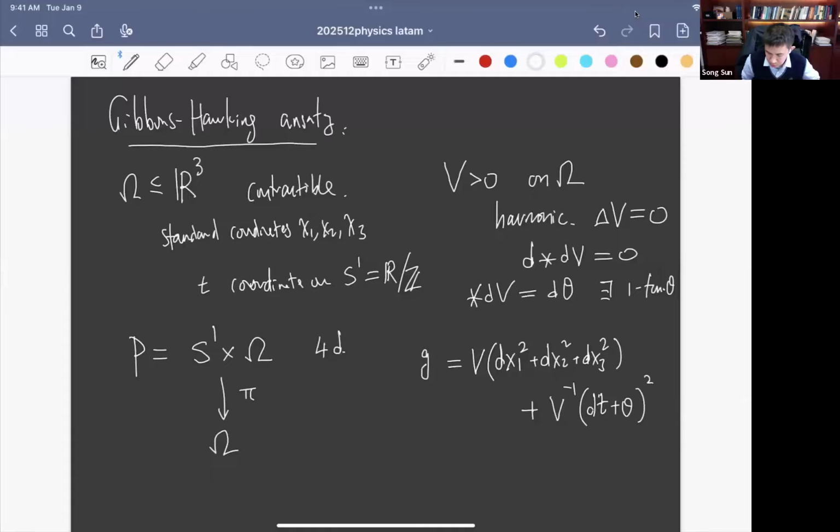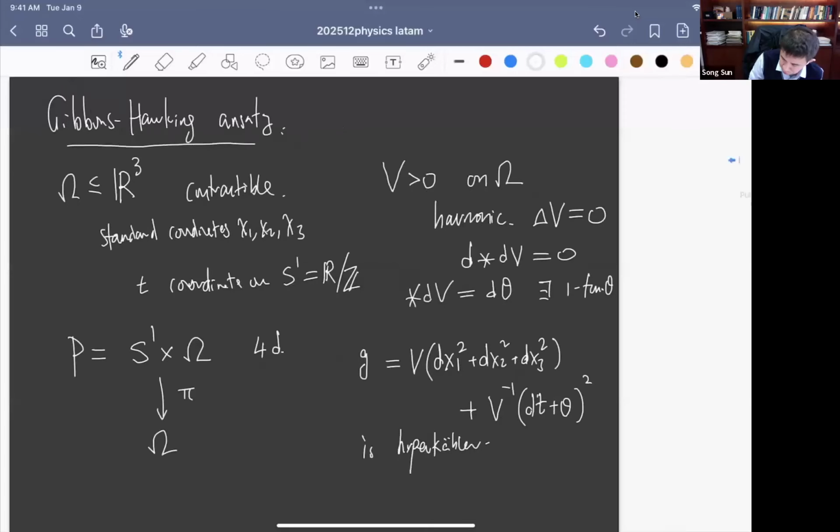So we claim this is hyperkähler, and this is the Gibbons-Hawking ansatz. You start with a positive harmonic function in three dimensions, then you will get a hyperkähler metric in four dimensions. So why it is true is the point.